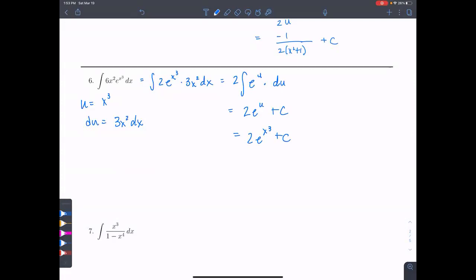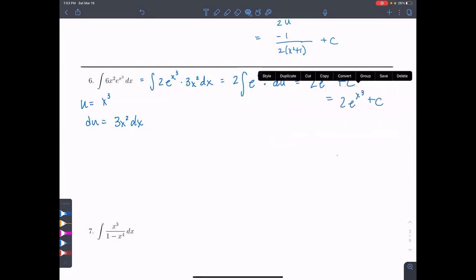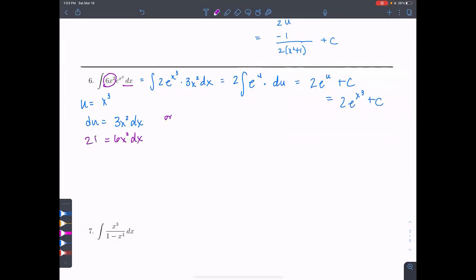Another way to have done this instead of splitting that up, maybe I should do this in purple. Let's see, I'll move this over here and over here. So another option would be to recognize that I have sitting here 6x squared dx, so make that happen here. So this is 6x squared dx. That means that this would be 2 du.